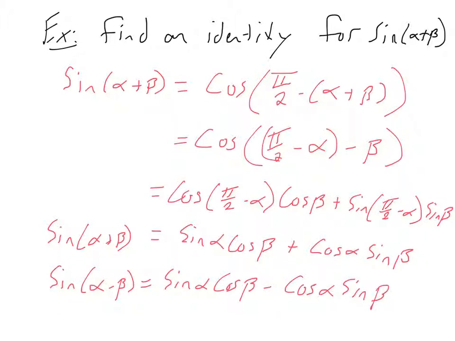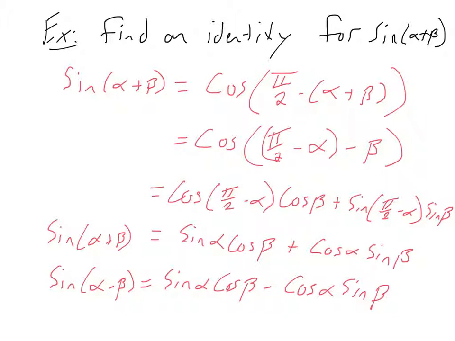So just like with the sum and difference identity for cosine, with the sum and difference identity for sine, the difference is just the sign in the middle. It's either positive or negative, but the actual order of the cosines and the sines is the same. So now we have the difference identity for sine.